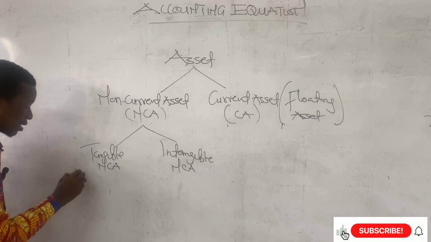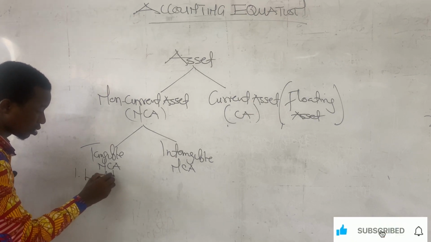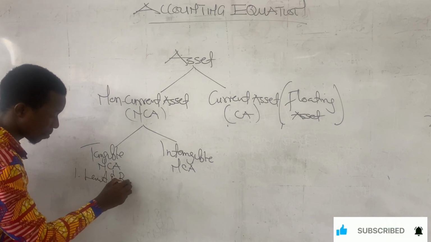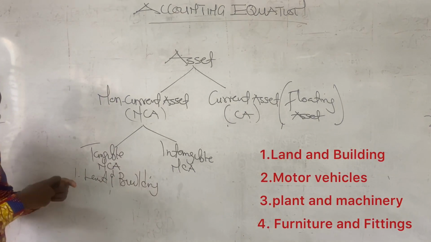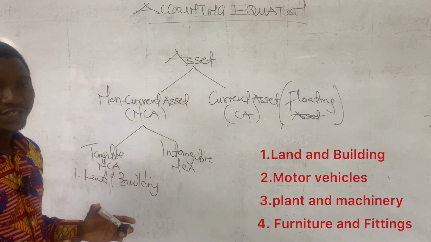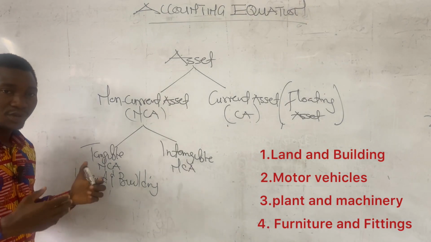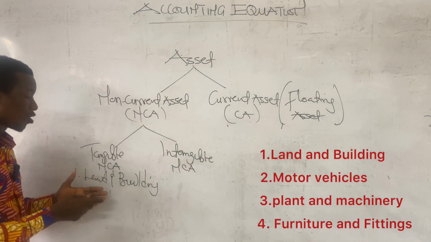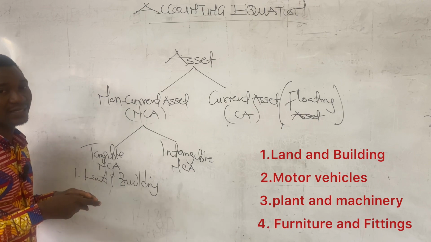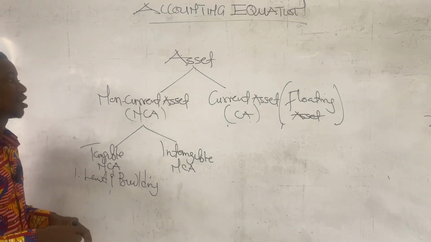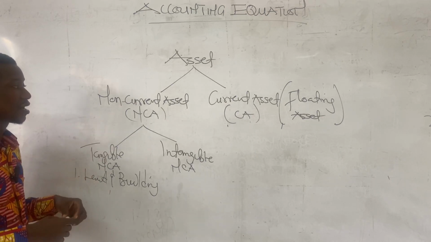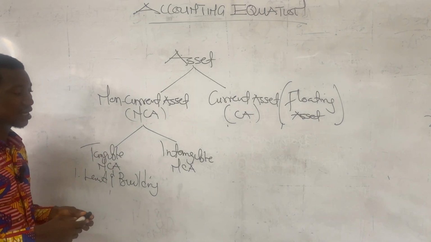For instance, land and building, motor vehicle, furniture and fittings, plant and machinery. All these are tangible assets or physical assets that can be seen and touched in the business, and these are considered tangible non-current assets.